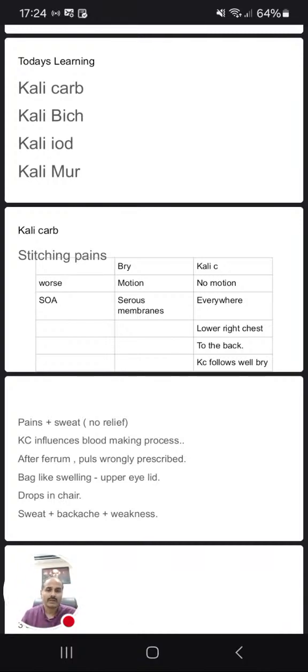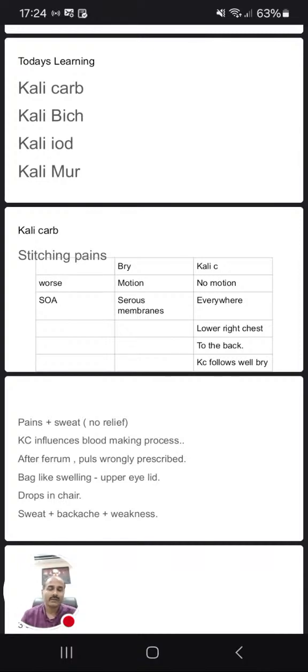That is what I have done over here. We have the remedy Bryonia, which is very similar to Kali Carb. It also has stitching pains, but Bryonia will have least motion aggravates, whereas Kali Carb will have no motion. In fact, the stitching pains are irrespective of motion. So even if the person does not perform any activity, there is a constant type of stitching pain.